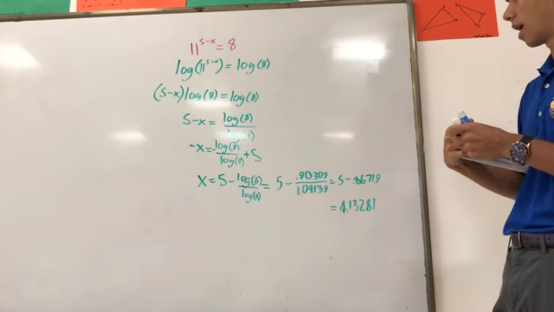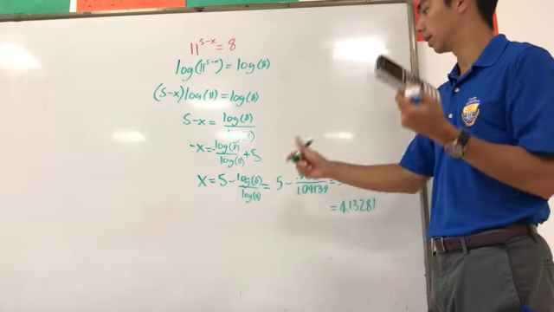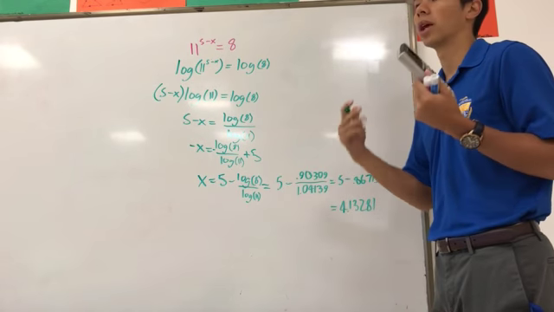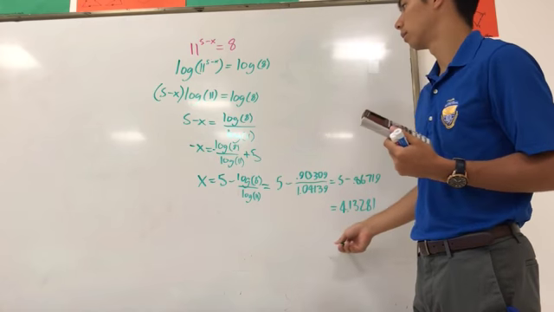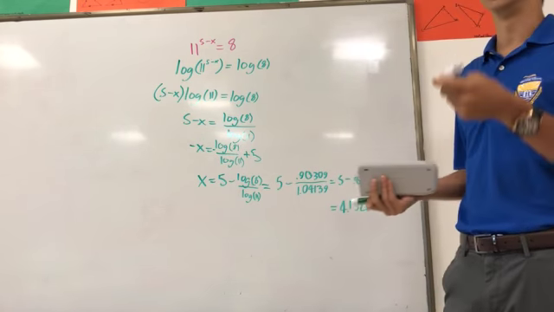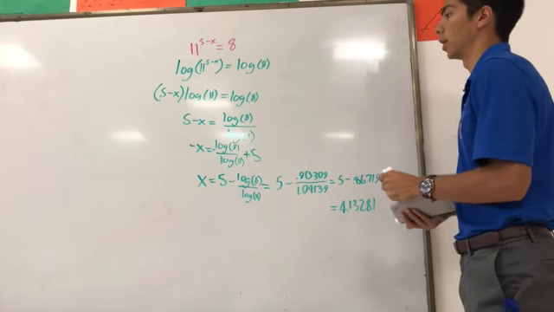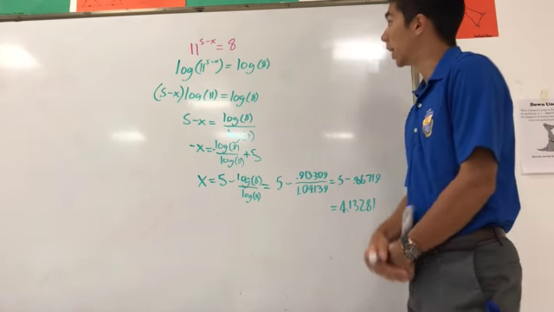You don't have to show every single step like this. You can literally just type it in your calculator, 5 minus parentheses log of 8 divided by log of 11, parentheses, and you would go straight from here to here. So you don't have to show these intermediate steps. That was for me so that you could see every single point along the way. Okay, so this is how you would solve an exponential equation.